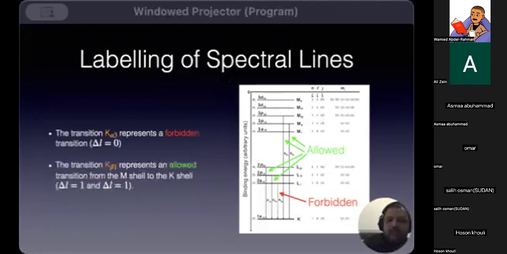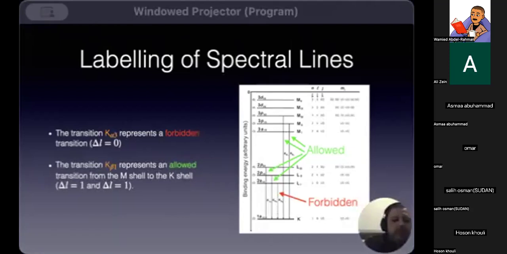So this is the labeling of spectral lines. This is what I was talking about: the transition K alpha 3. This transition is a forbidden transition. Because if it happened, the photon energy would be less than that of alpha 2, so it's given the subscript 3, and alpha because it's happening from the L shell.